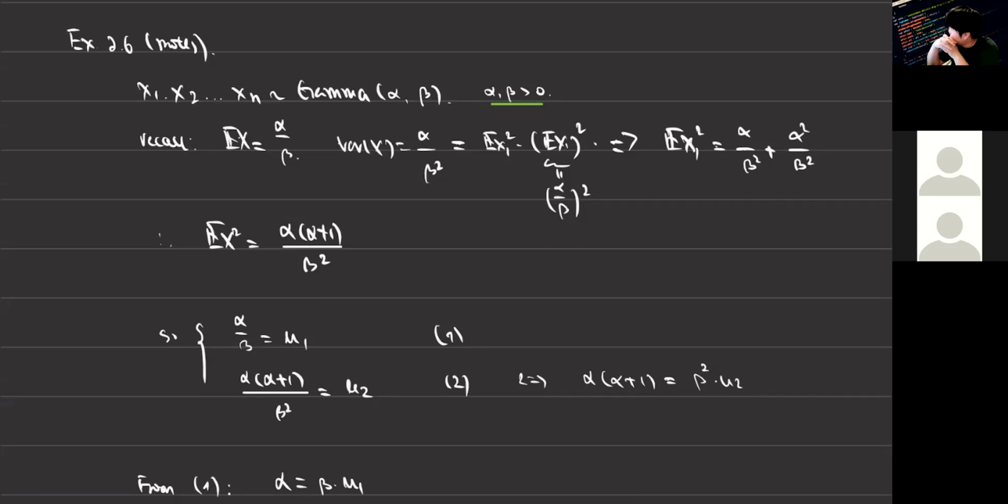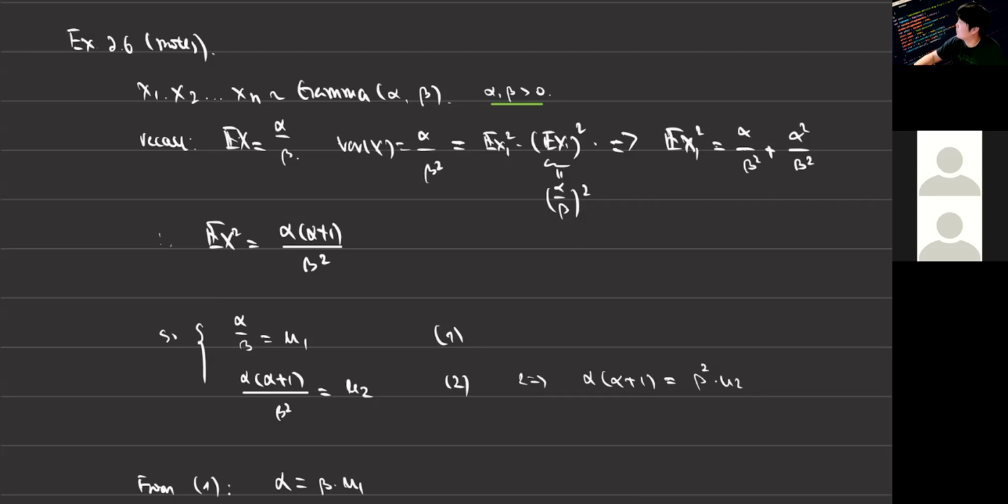I think we should let y_i equal x_i squared, but my friends think that y_i should equal the summation of x_i squared. So in my solution, if I let y_i equal x_i squared, I can calculate the sample mean of y_i, which is 1 over n times the summation of x_i squared.